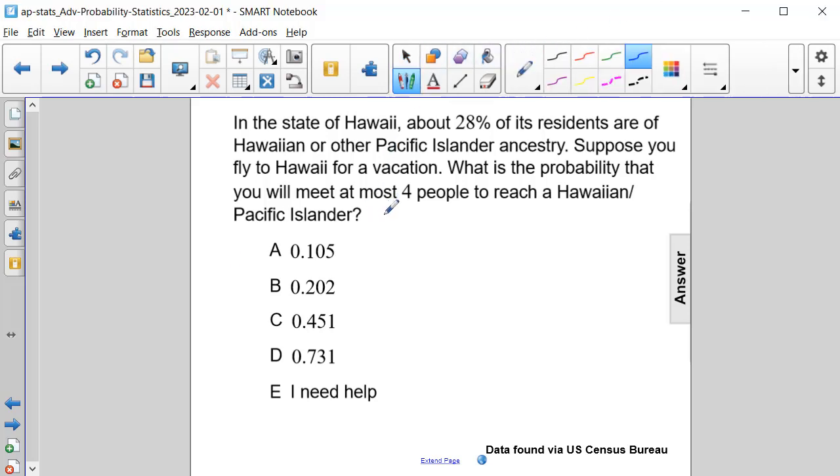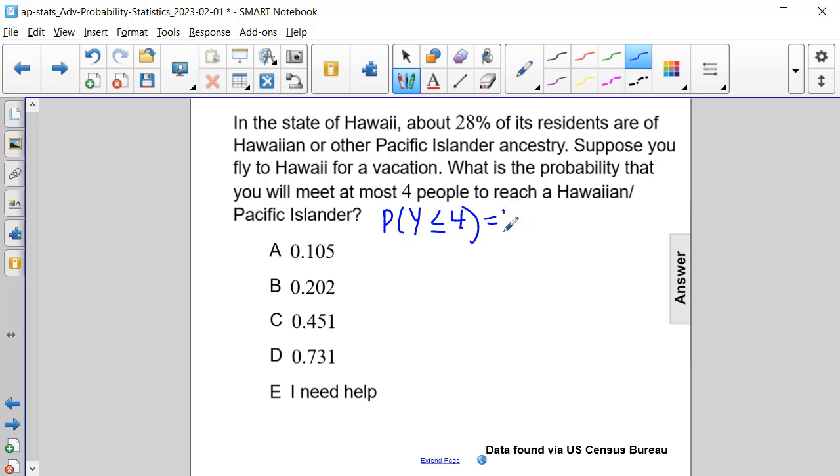In this problem, we're looking for the probability that the person that we meet is less than or equal to 4. Like we go through 4 people in order to meet a Hawaiian or Pacific Islander. It could be 3, it could be 2, or it could be 1.